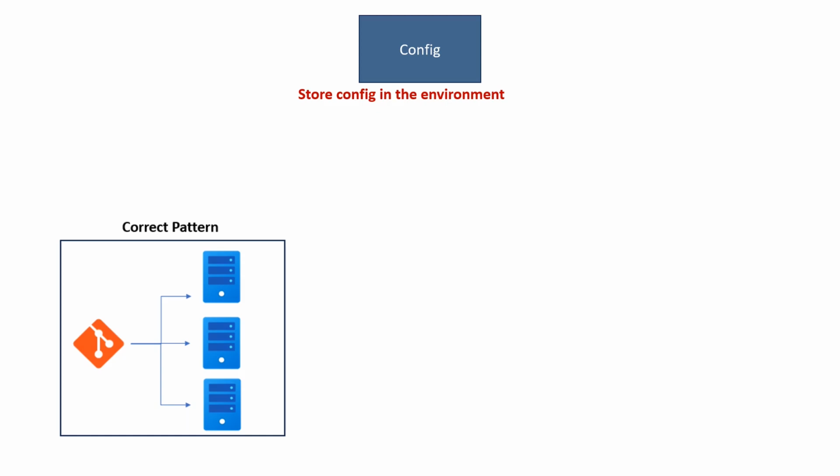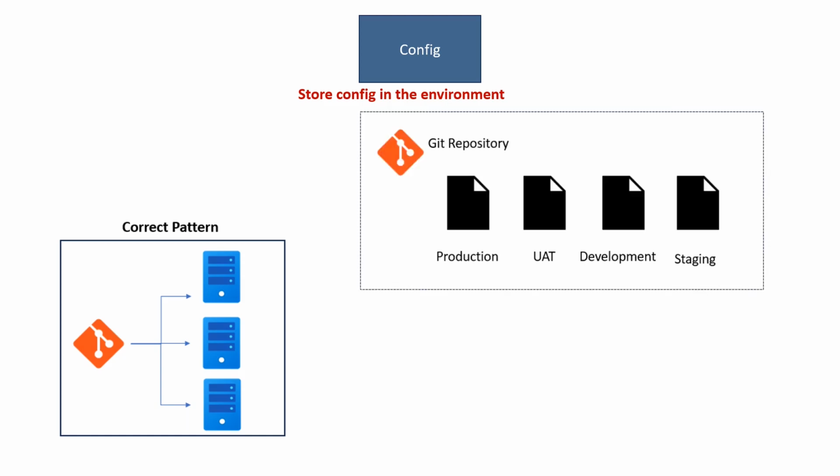So we also always keep the config files in different files, not in the code base itself, so that we are able to modify or deploy them separately for different environments, right? So for this, what we do is externalize all the config files for the environments.